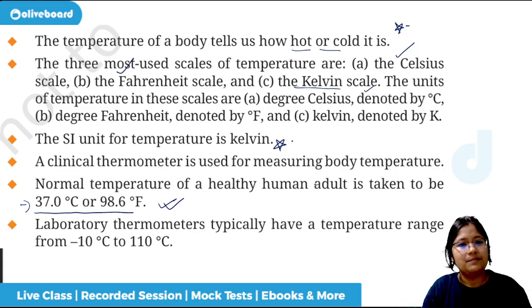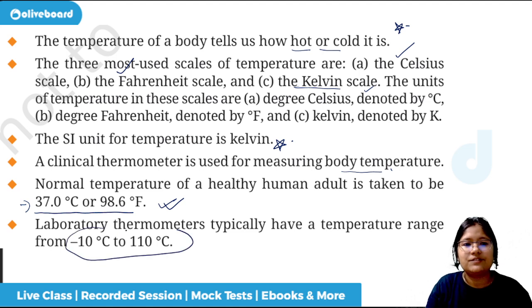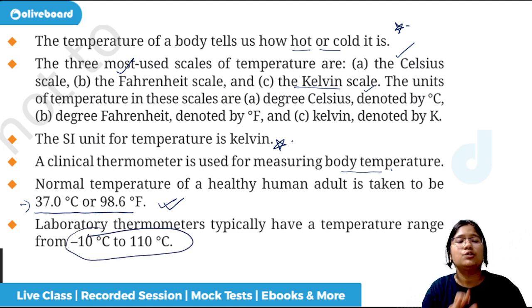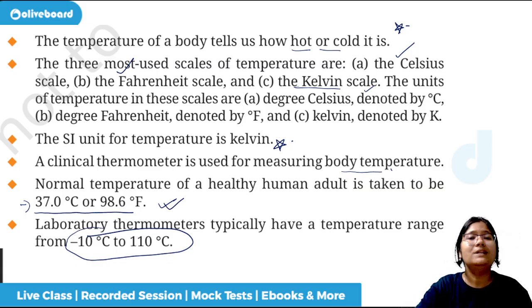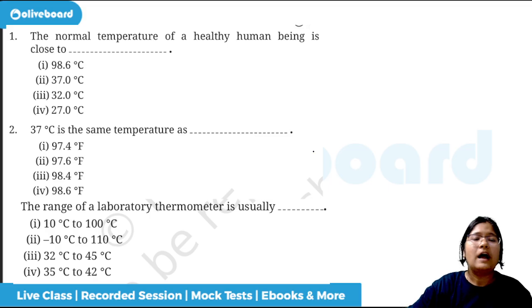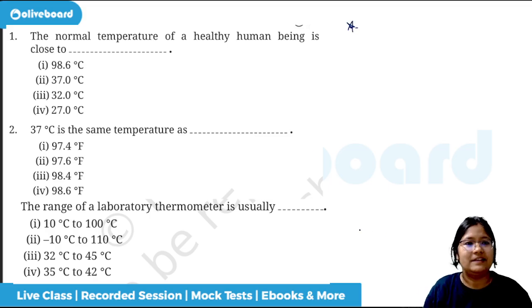The clinical thermometer is used to measure the body temperature, and for the lab thermometer, the range is from -10 degrees Celsius to 110 degrees Celsius. All these things we have studied. We also studied absolute zero, which is 0 Kelvin, at which all atomic motion will cease. Now, I hope we can give the answers to these questions, which are very simple now.